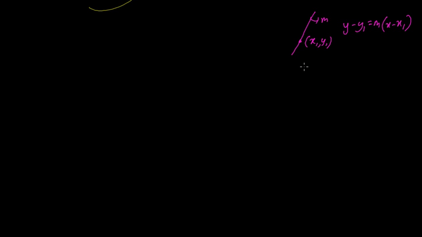The gradient rule for a tangent is that the gradient of the tangent equals the gradient of the curve at a particular point. This is how we calculate the gradient m, and when the point is given, we can easily find the equation of that line using this formula, y minus y1 equals m(x minus x1).